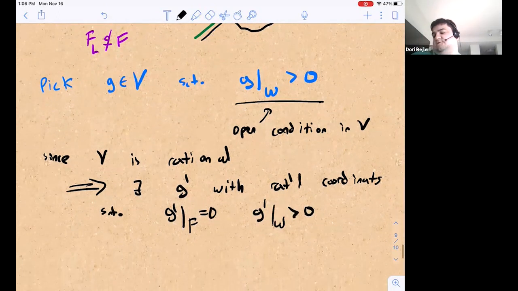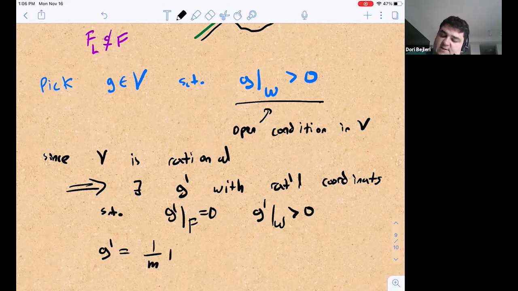But now once we have this rational guy, then we can clear denominators and get that it's the class of 1 over m D for some actual divisor D.